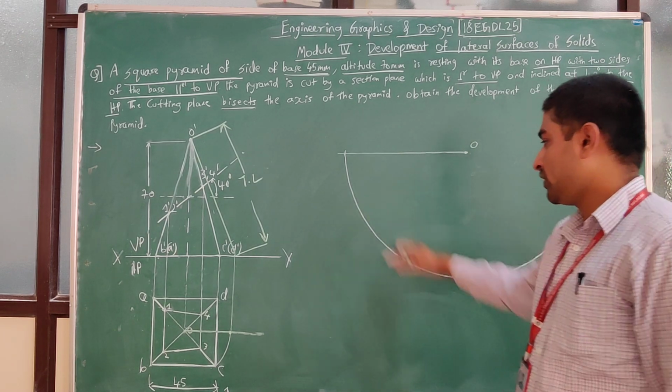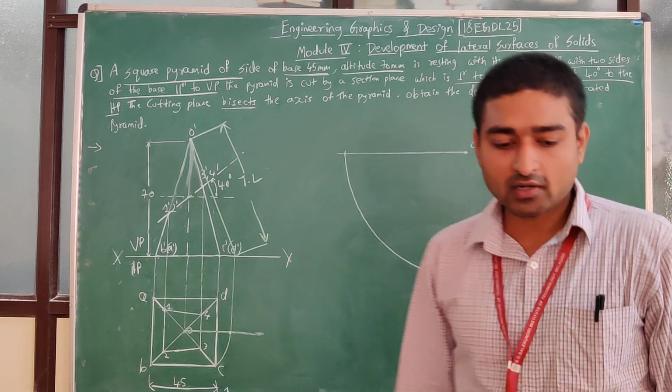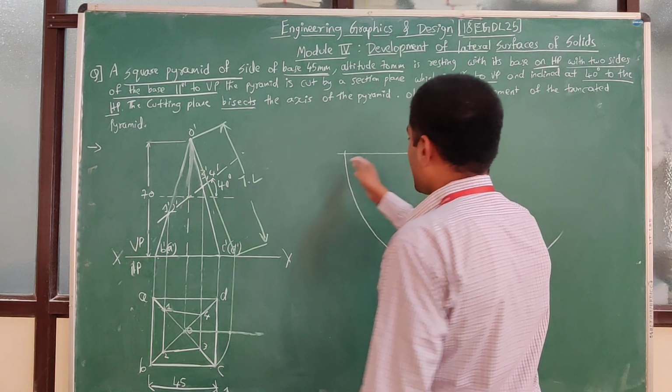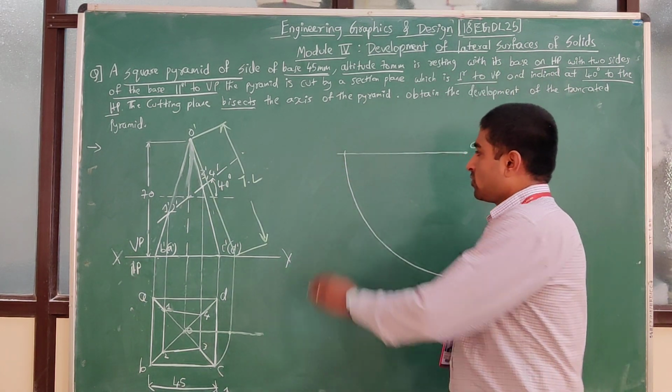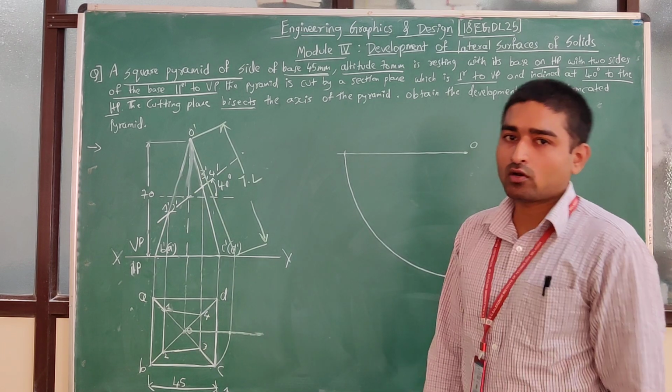Initially the line should come straight enough. That is what is required in the development, but it is not a compulsory part. You can take this initial line at whatever angle you want, but if you draw it exactly parallel to the xy line, it will help you a lot.